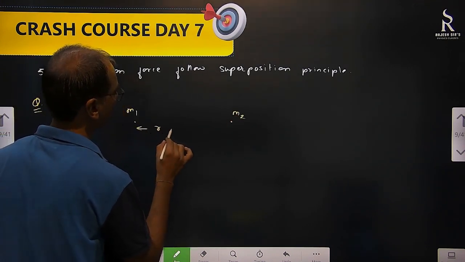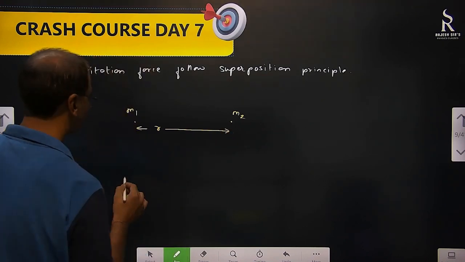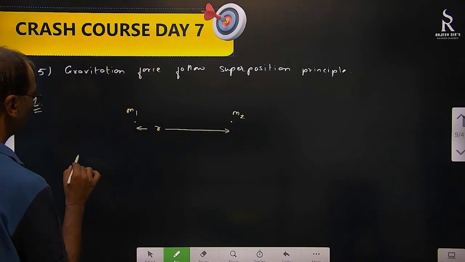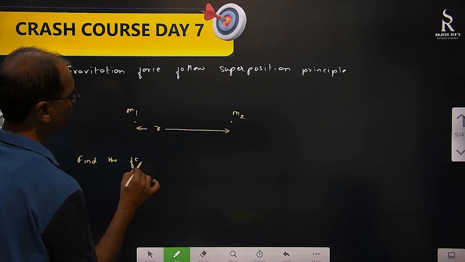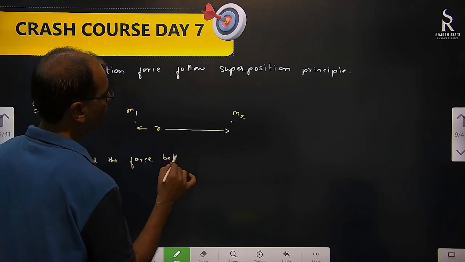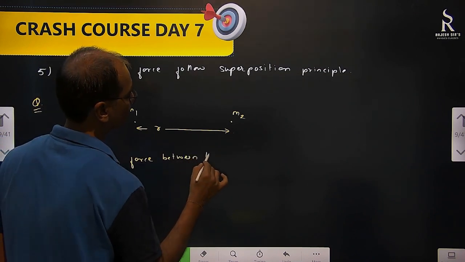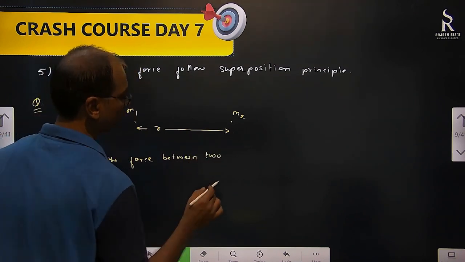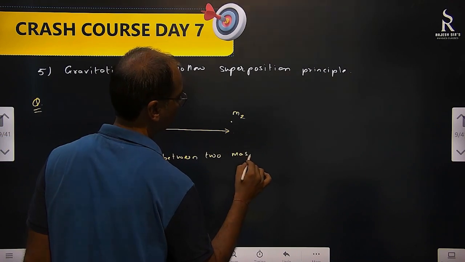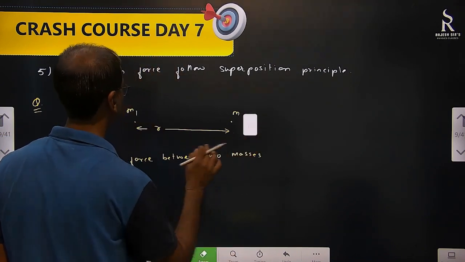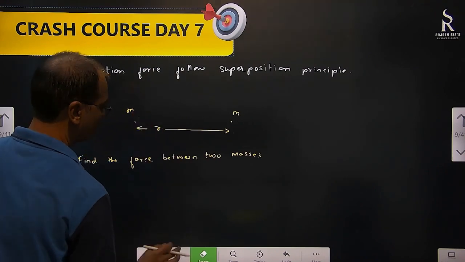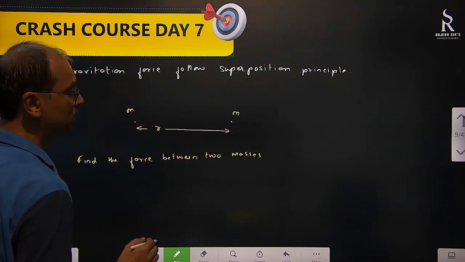Separation between them is R. Okay, so they say find the force between two masses. Let's make these masses equal, M and M.